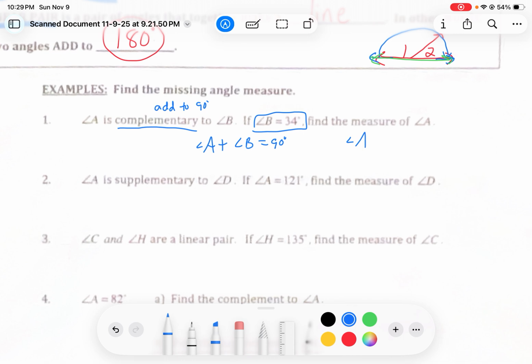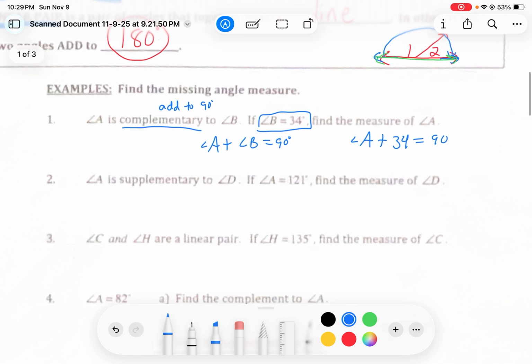So angle A plus 34 equals 90. So if you want to find out the missing angle, you would subtract 34, and you find out that angle A is going to be 56 degrees. 56 plus 34 equals 90.